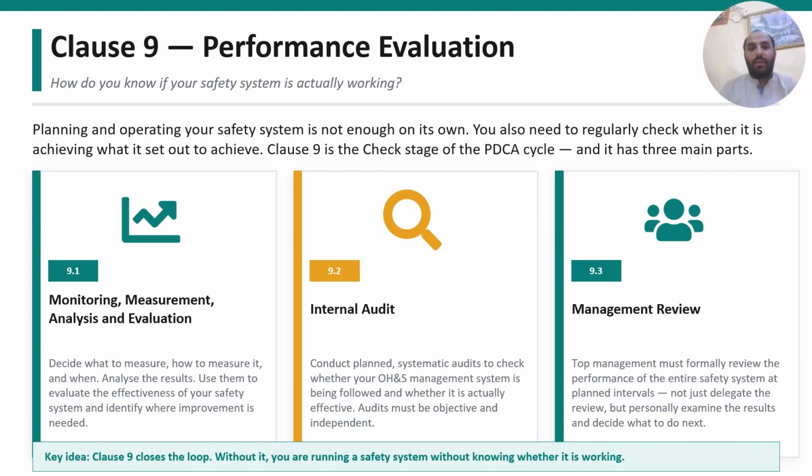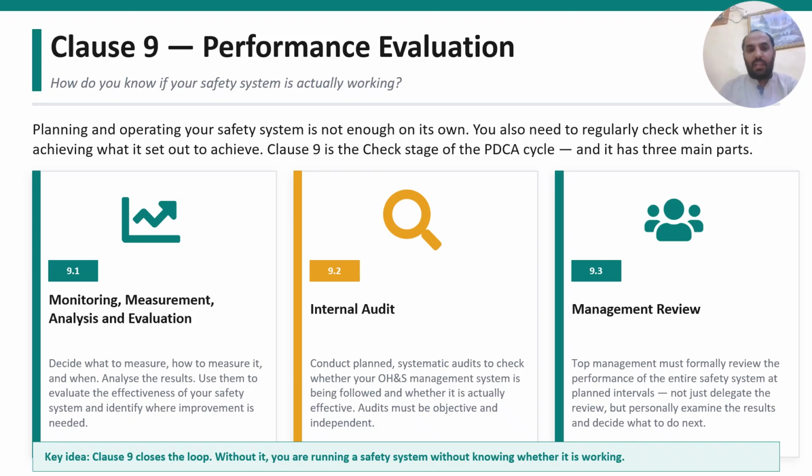You can have a detailed hazard register. You can have trained workers and documented procedures. But if you never step back to check whether all of that is delivering real, meaningful improvement in worker safety, then you are operating blind.